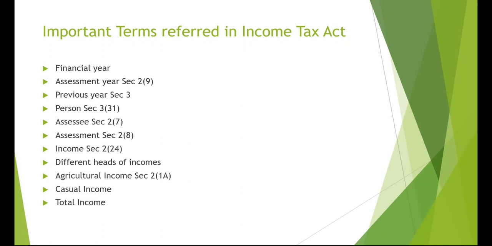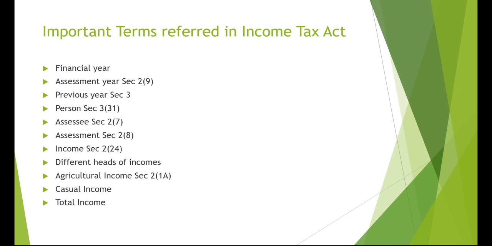Then assessment year. Section 2, subsection 9 of the Income Tax Act defines assessment year as a financial year which starts from the 1st April and ends on 31st March of the next calendar year. It is called the tax year because the tax is levied for the assessment year on the income earned by the person.